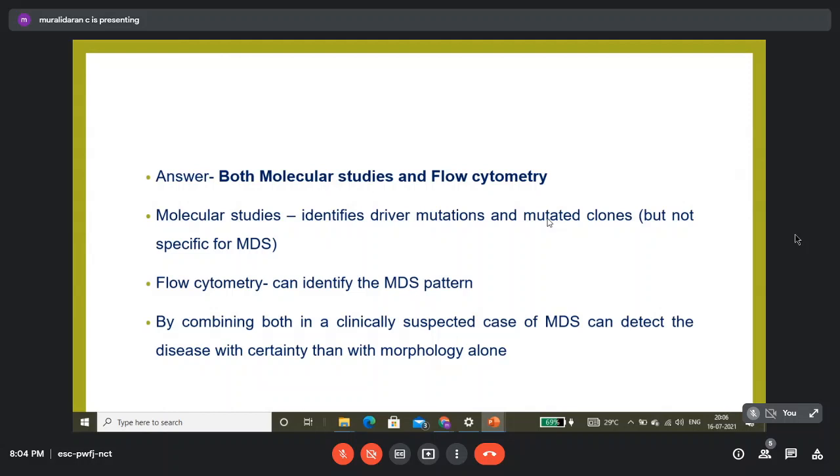So here flow comes into importance. Nowadays flow can easily detect these types of patterns, and in any clinically suspected case of MDS, we can definitely run a flow to look for an MDS pattern. In the next few slides, we will talk about how to diagnose a case with flow cytometry.